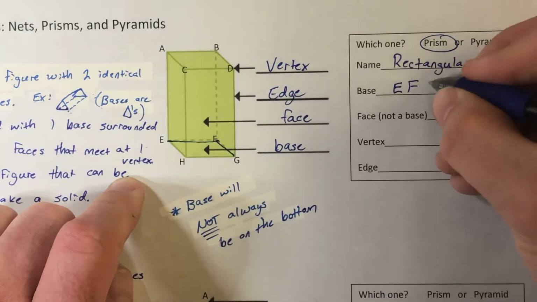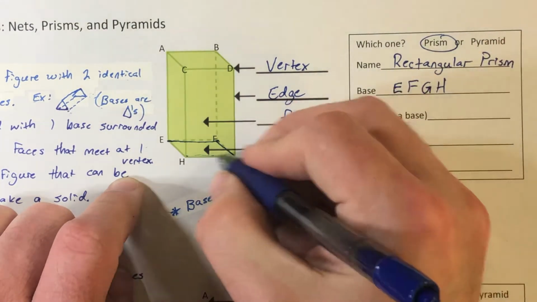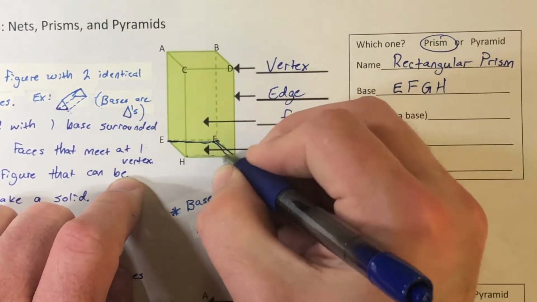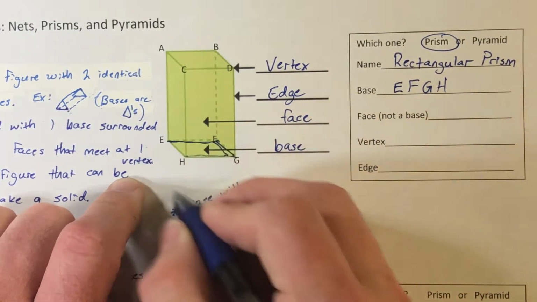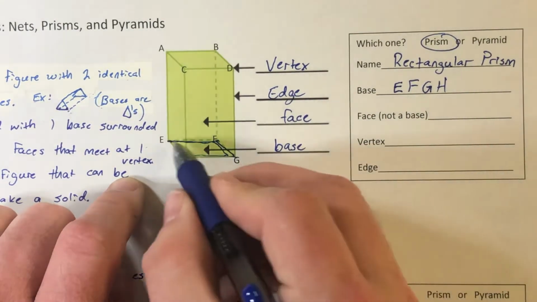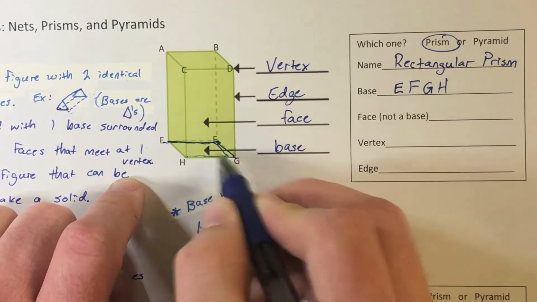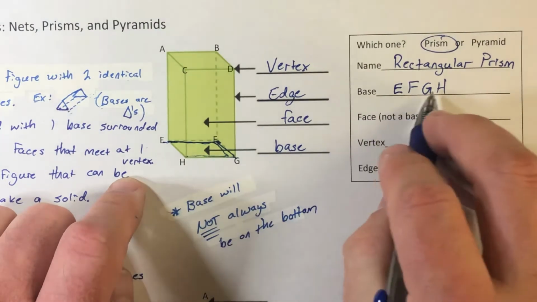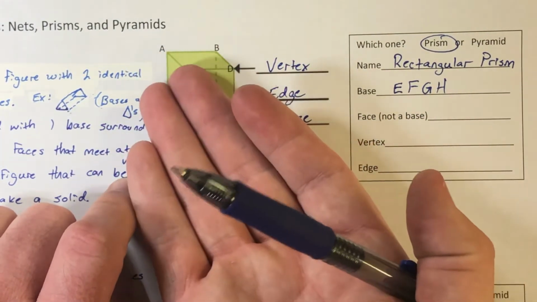So E, F, G, H. So notice I went clockwise. You could go counterclockwise. What can I not do? I can't go E, F, H, G. No zigzag. So E, F, G, H is going to be my base. I could do A, B, D, C.